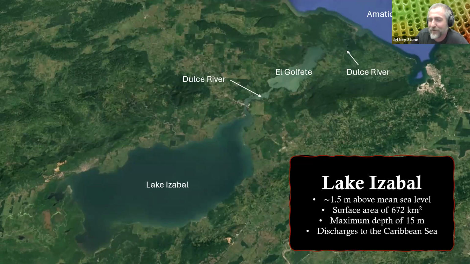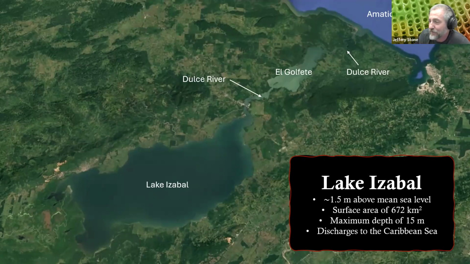But it's a wide river in the form of a lake, in that the water is constantly flowing through Golfete towards the ocean from the Dulce River, and then also it flows into the Dulce River. So it's the same river system on both sides of the lake. And then it feeds directly into the Caribbean Sea.